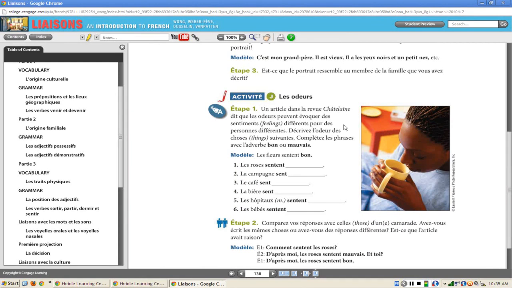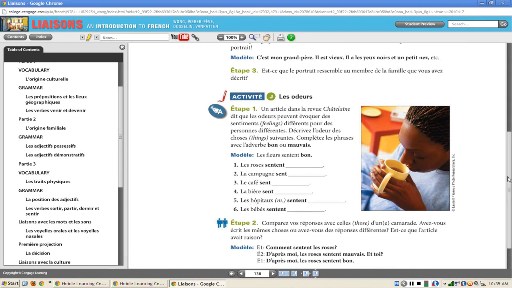Décrivez l'odeur des choses suivantes. Complétez les phrases avec l'adverbe bon ou mauvais. Donc, les fleurs sentent bon. Les roses sentent, etc., etc. La campagne, le café, la bière, les hôpitaux, les bébés.